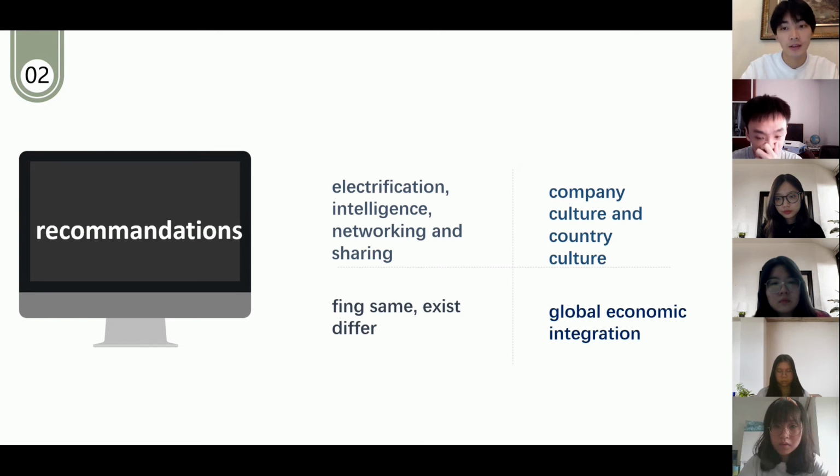Recommendations. In the face of the development of multinational trade and the global economy, electrification, intelligence, and networking of information are key to future development. In the rapid development of science and technology, technological change is extremely important.